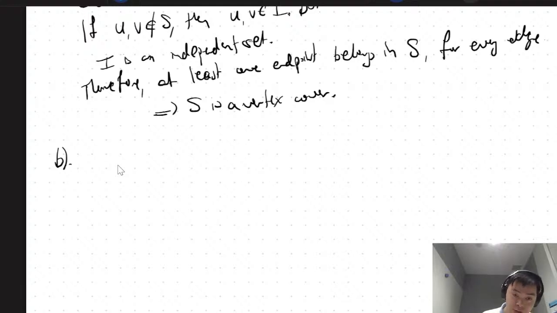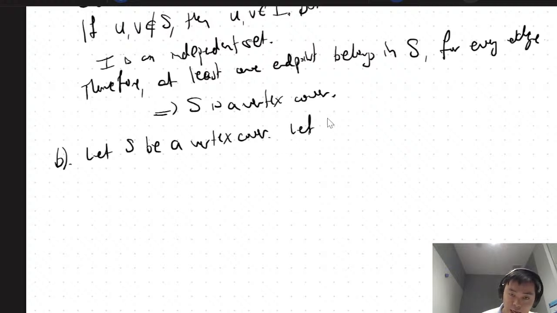So again, we're just going to do the same thing. Let S be a vertex cover. Let I be the set of vertices that are not in S. And I claim that I is an independent set. So why is this true?